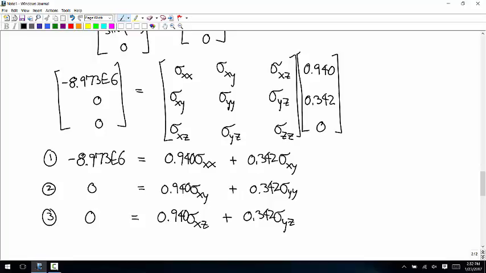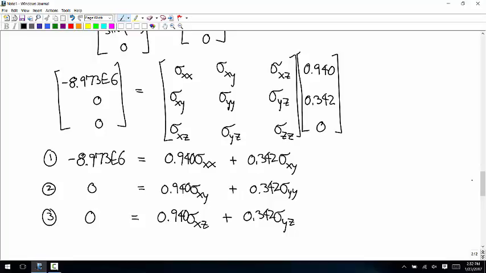And so this time, it doesn't allow us to figure out any individual elements of the stress tensor. But we do know that we have these three relationships that have to hold between elements in the stress tensor. And that's restrictions on the possible values that you can have in the stress. So we just have too many unknowns.